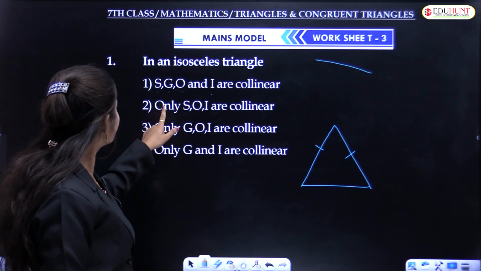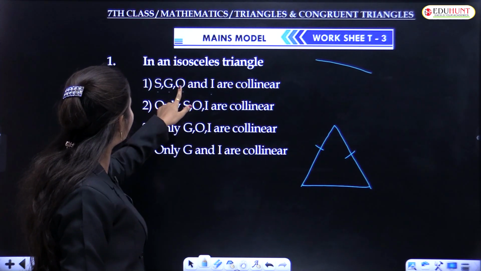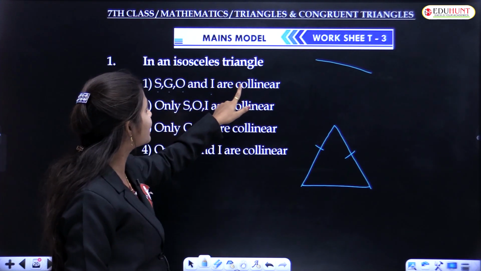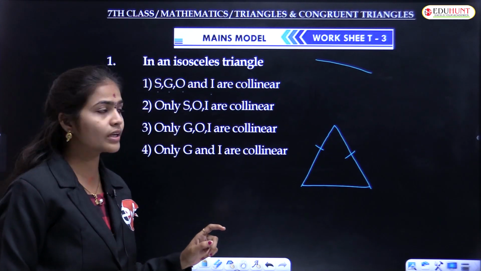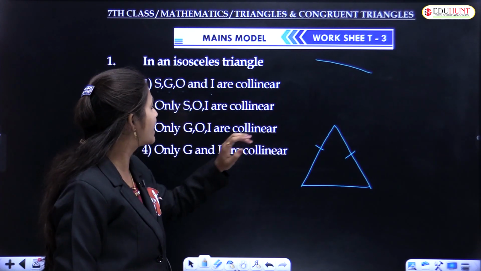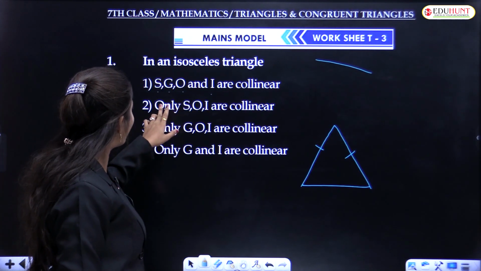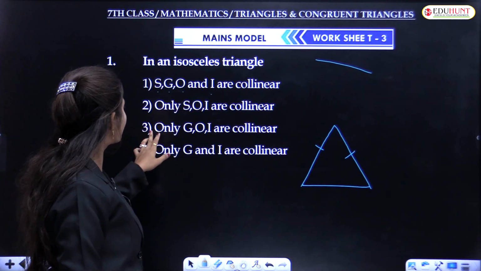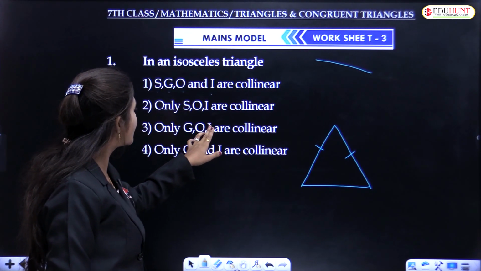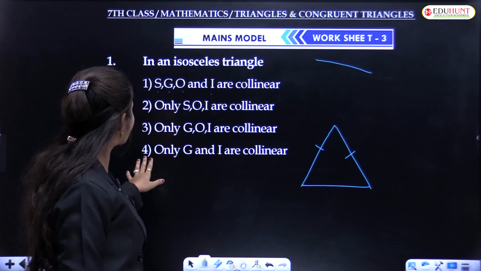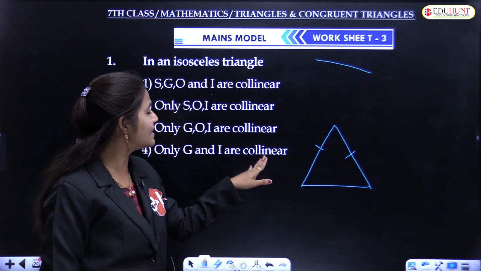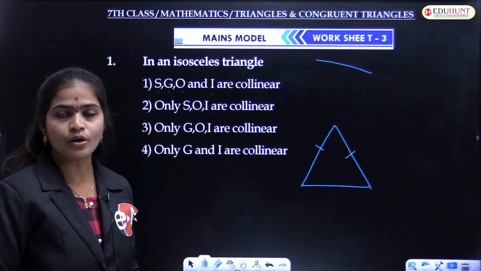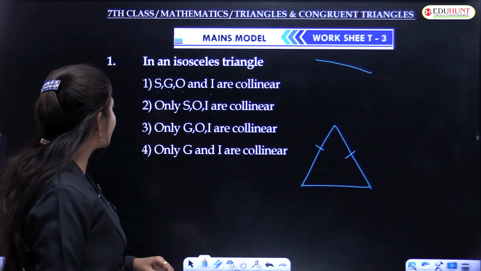The first option: circumcenter, centroid, orthocenter and incenter are collinear. Next one: only circumcenter, orthocenter, incenter are collinear. Next one: only centroid, orthocenter, incenter are collinear. The fourth one: only centroid and incenter are collinear. So these 4 options are given.